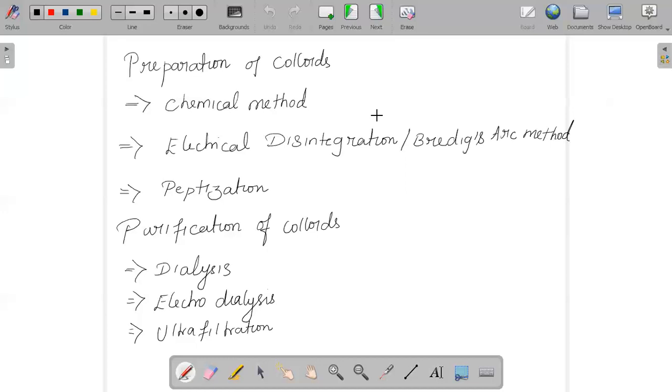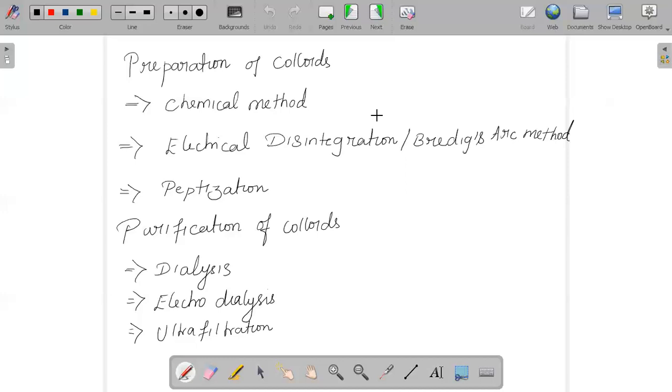What are all the methods we know? There are certain important methods we use to prepare colloids. One method is the chemical method. Colloids can be prepared by chemical reactions, which help in the formation of molecules through double decomposition, oxidation, reduction, or hydrolysis.